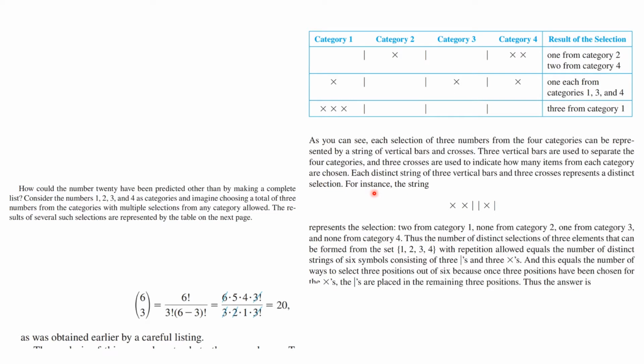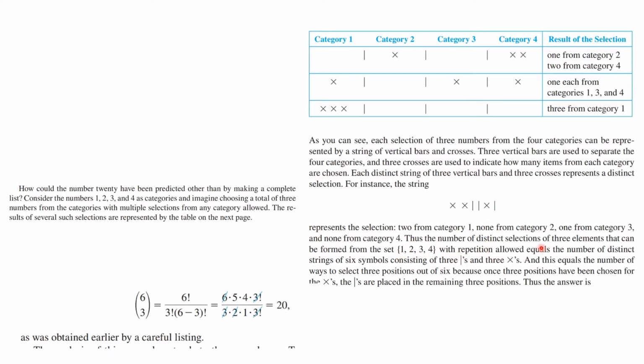Each distinct string, we've studied strings before, of 3 vertical bars and 3 crosses represents a distinct selection. For example, this says you take 2 from category 1, nothing from category 2, 1 from category 3, and nothing from category 4.